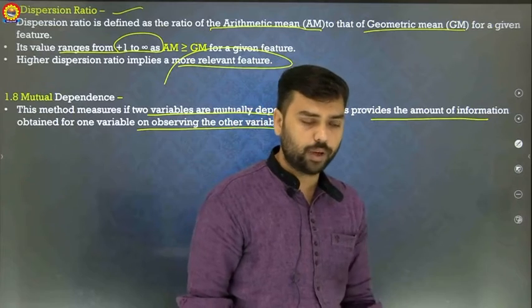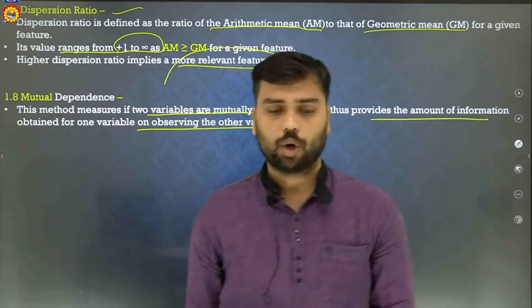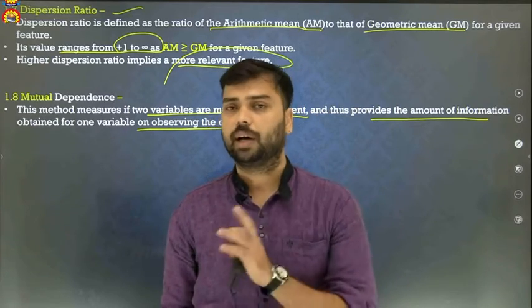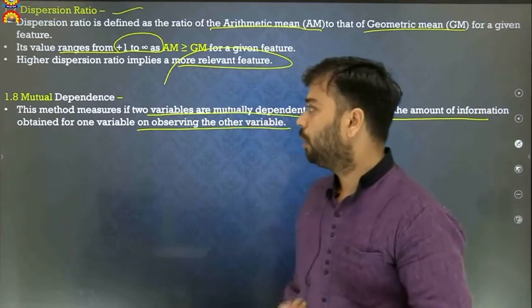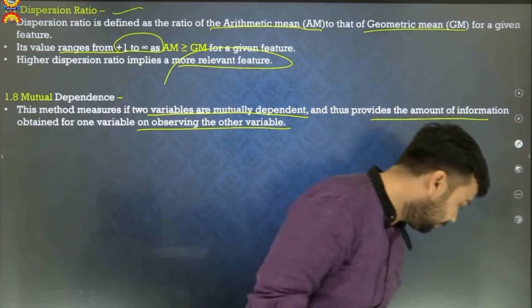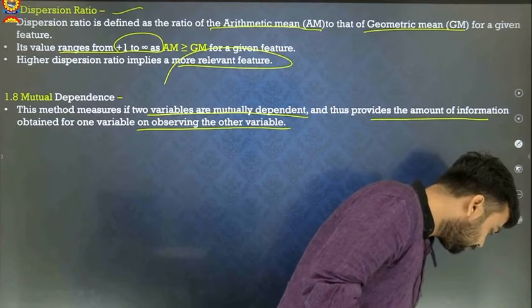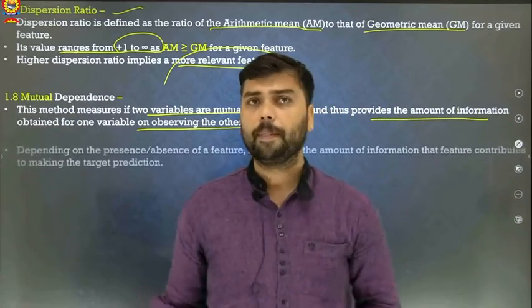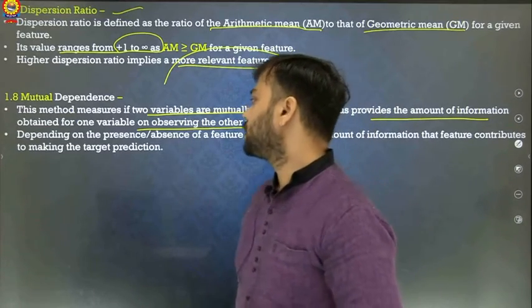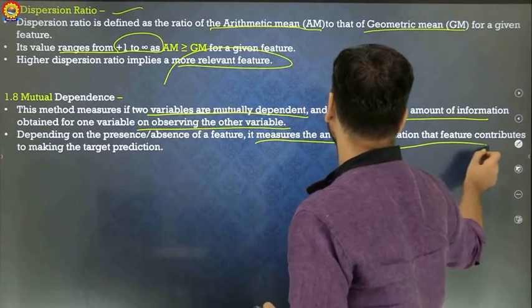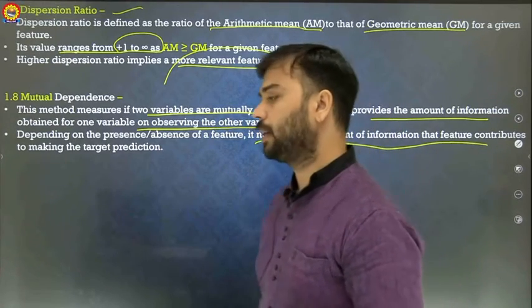If there are two variables and we change one value, then we get the value of the other variable. That is simply known as mutual dependency. Depending on the presence or absence of the features, it measures the amount of information that features contribute to making the target prediction.